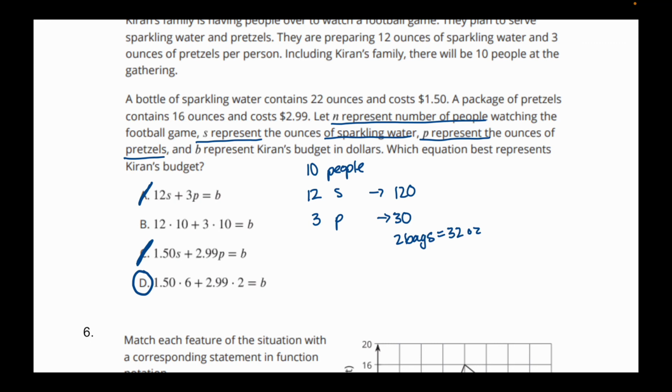So 6 bottles is going to be 132 ounces. So this one is going to be correct down at the bottom because we have the price per bottle times the number of bottles we would need, and the price per bag of pretzels times the number of bags we would need. And that is going to be the total budget. So that is the second to last question.